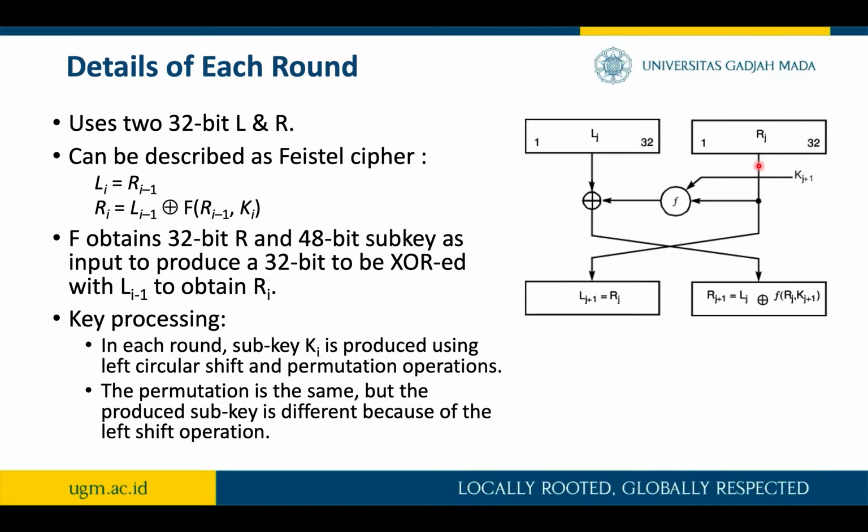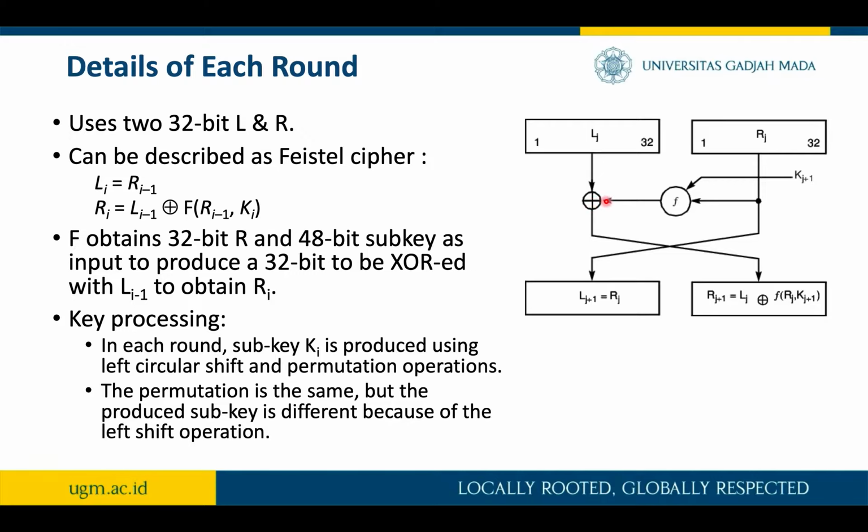Similar to the Feistel structure, the left part in the next round is obtained from the right part. Just copy the right part, and it becomes the left part of the next round. While for the right part in the next round, we have to do this operation.